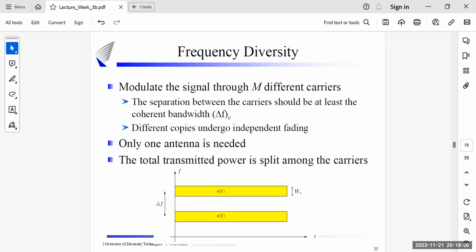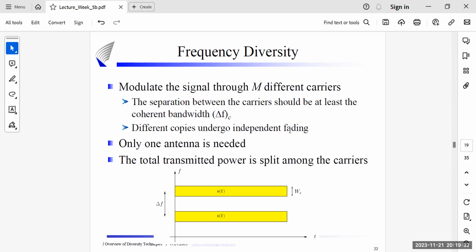So you need to have a difference of more than the coherence bandwidth in order to get out of that range of frequency, beyond which the signal is going to behave differently, because coherence bandwidth is that range of frequency within which you get the same kind of fading. So you need a separation of greater than del fc in order to undergo maximum diversity.